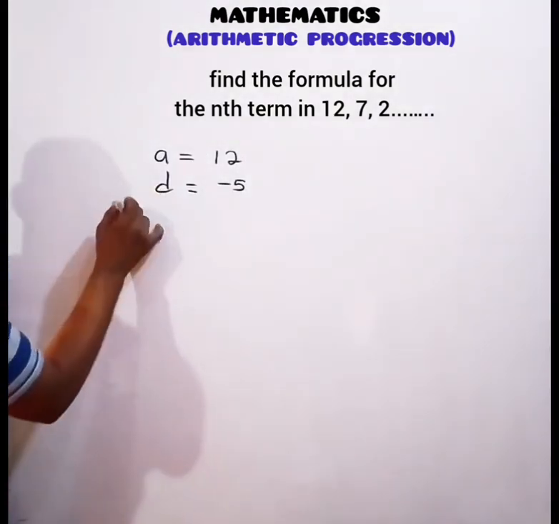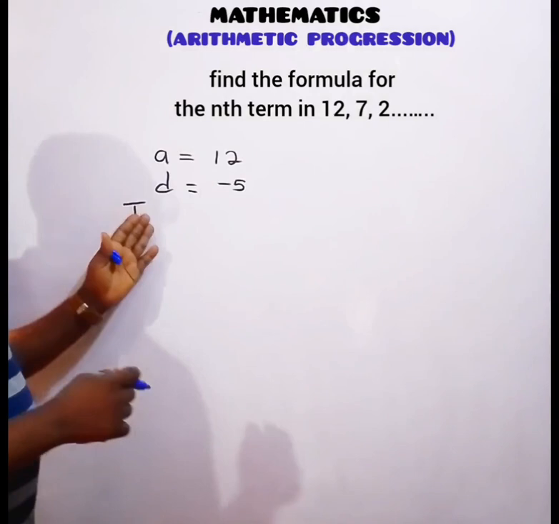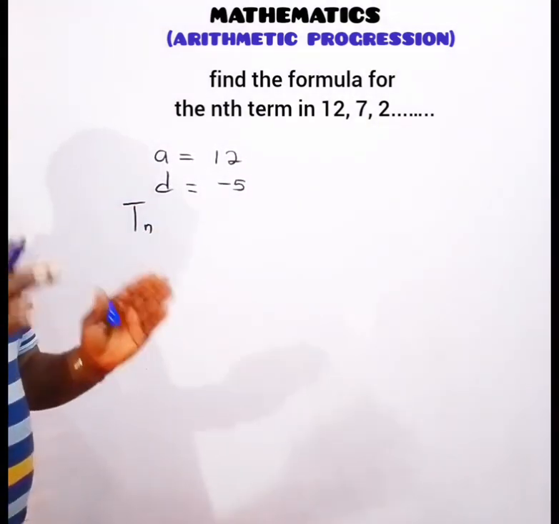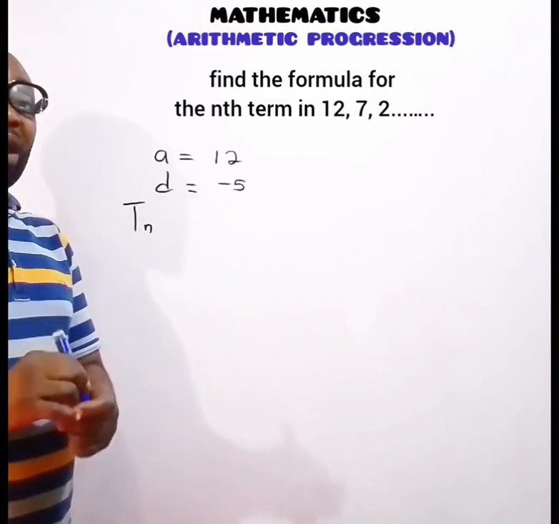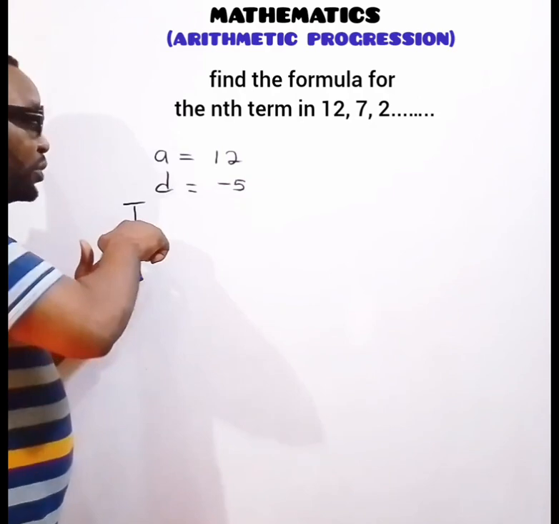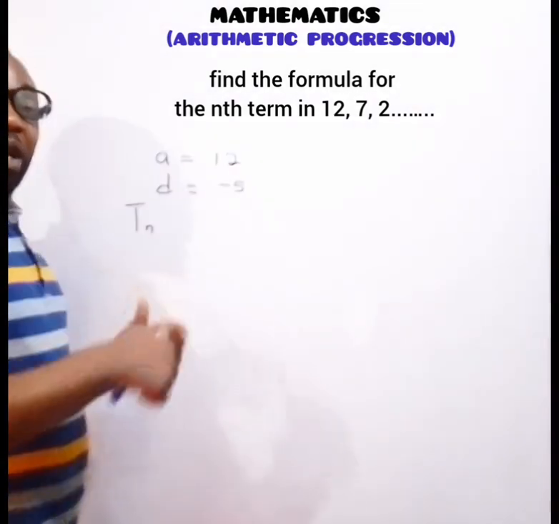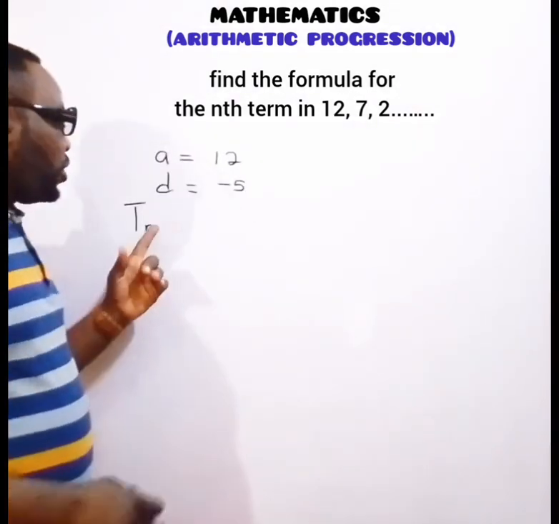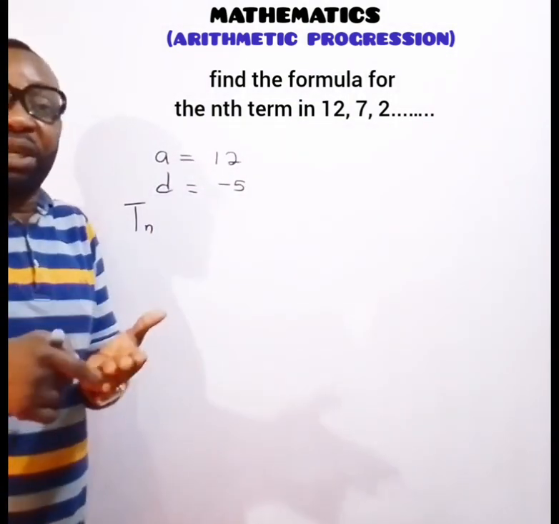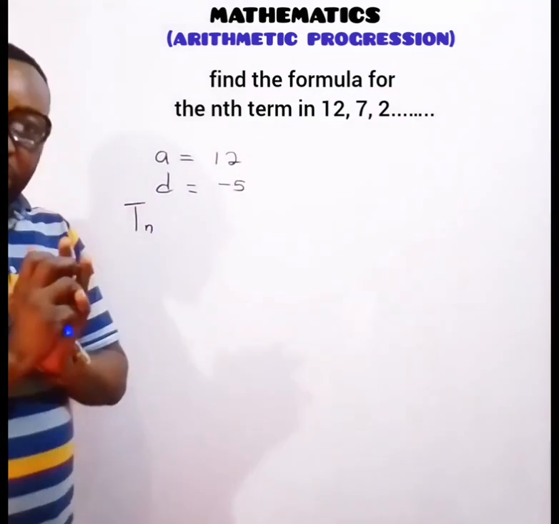Now, making use of this formula for the nth term of an arithmetic progression: when we are talking about the nth term, we are talking about the particular term that is being mentioned to you. If you are asked to find the 15th term, definitely what is going to be here is 15. If you are asked to find the 7th term, what will be here is 7. And any value given to us for such a term will represent n itself.